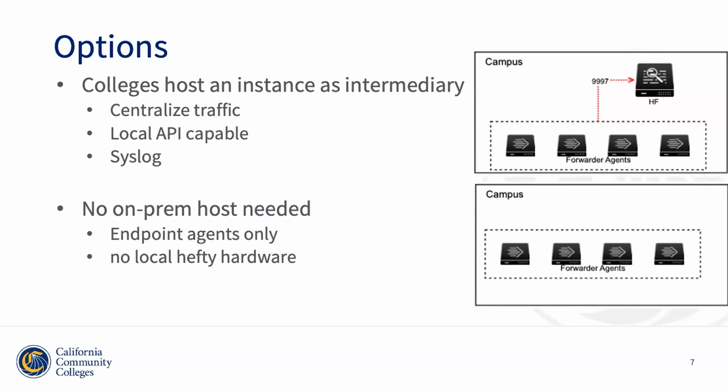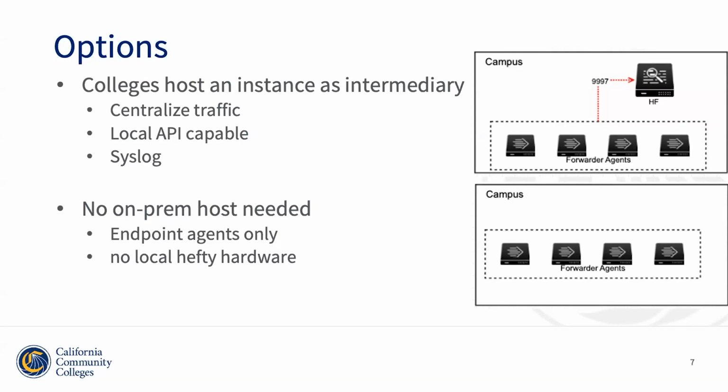Once you install all the agents on your endpoints, we would then control the flow of data to your heavy forwarder. What this gives you the ability to do is, one, centralized traffic. I'm a big fan of centralizing traffic outside of the network. It just makes it easier for whitelisting and tracing traffic overall.